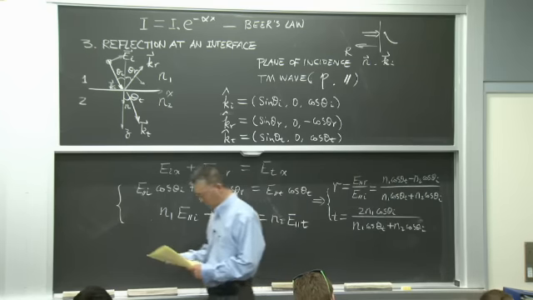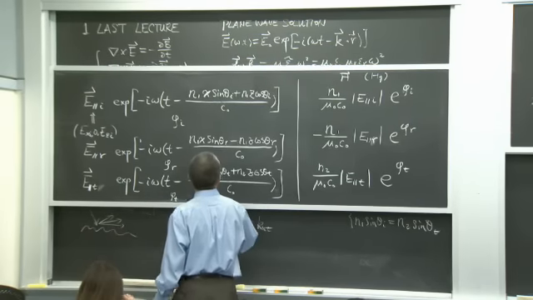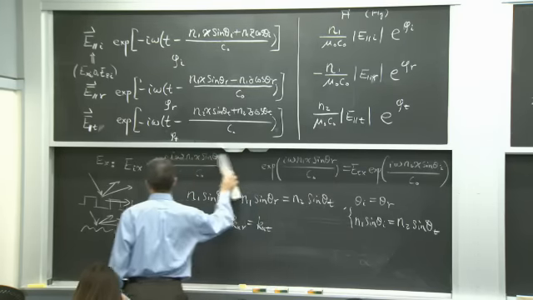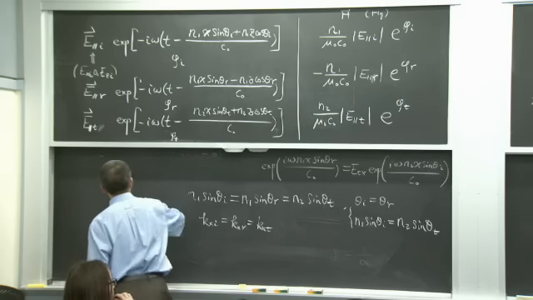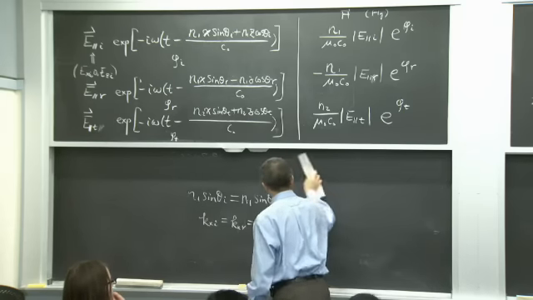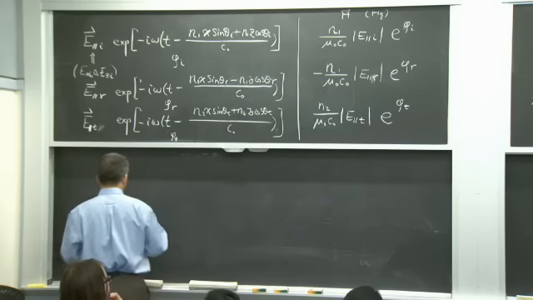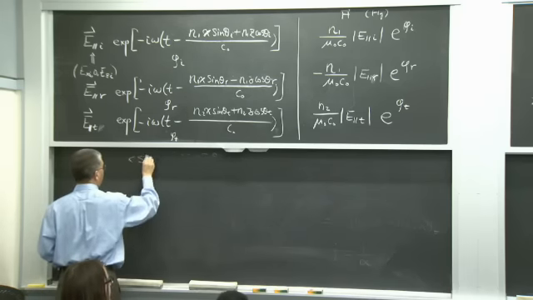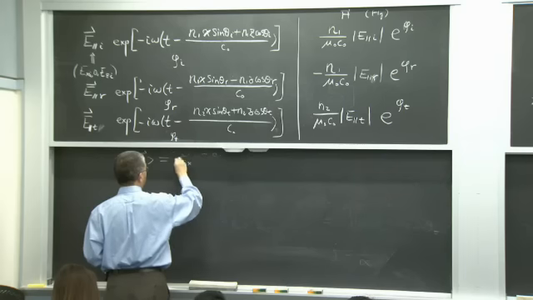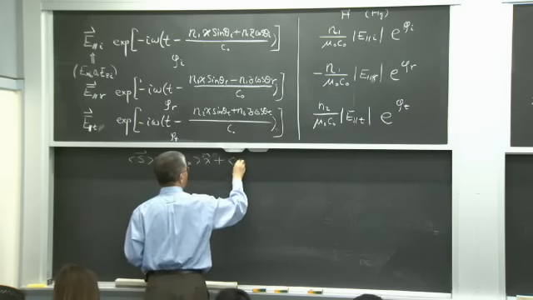And based on this, I can go further and calculate the Poynting vector, because I want to find the energy. So for your Poynting vector in this case, you have a component in the x direction and a component in the z direction.